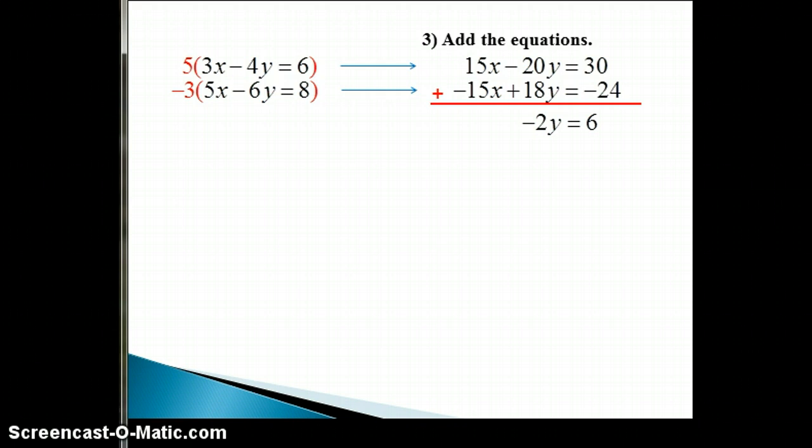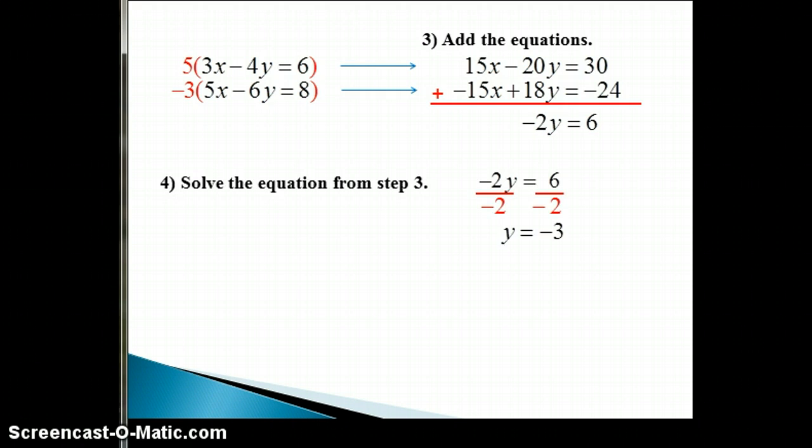Our next step is to solve this new equation from step 3, which we can do by dividing both sides by negative 2. Thus we see that y is equal to negative 3. To find x, we back substitute y equals negative 3 into either of the original equations.